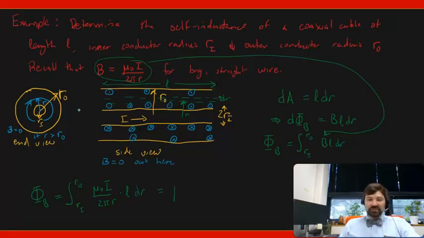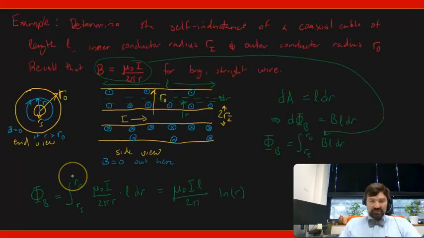And so this ends up looking like mu naught times I times L divided by 2 pi times the natural log of r.